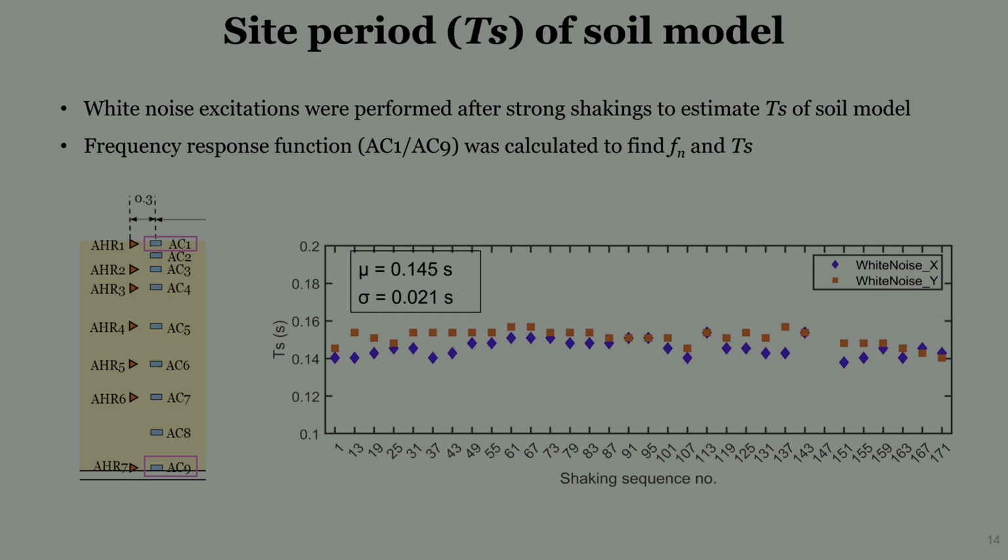This plot shows the period of the soil model based on different shaking sequence numbers. These were performed for both the X direction and the Y direction. I didn't see any appreciable difference in the site period based on the shaking event and also based on the X and Y directions, and a mean value of around 1.45 was obtained.